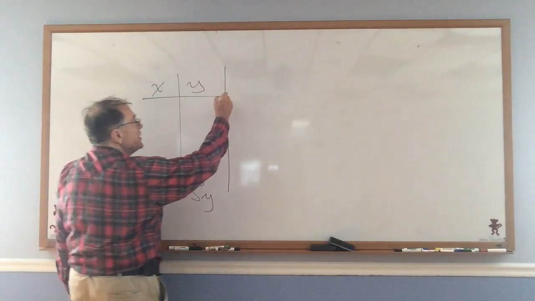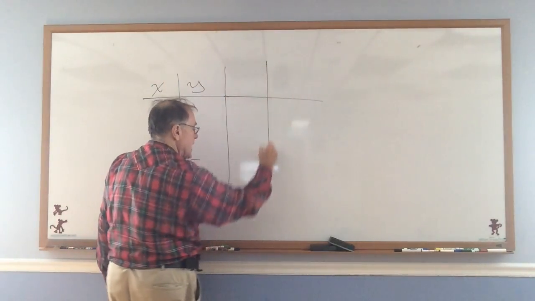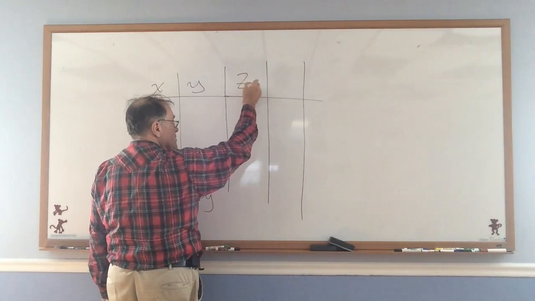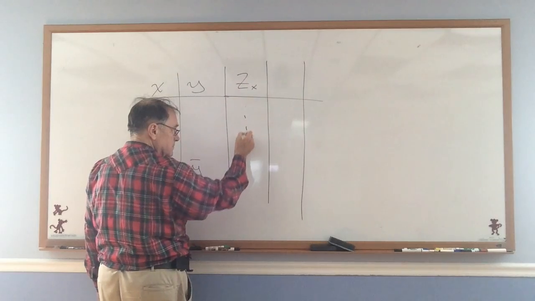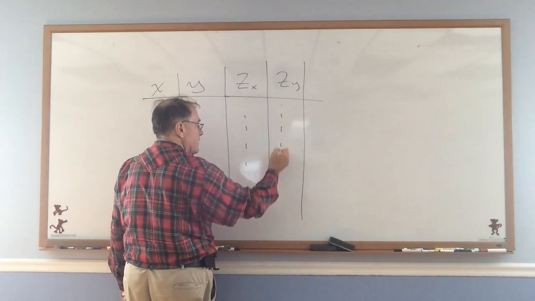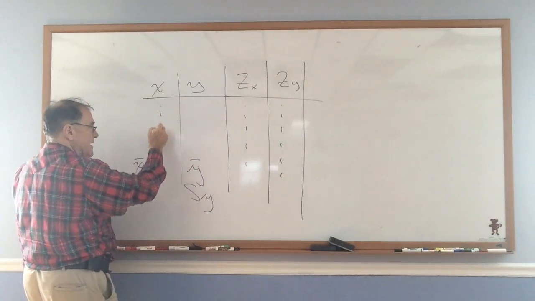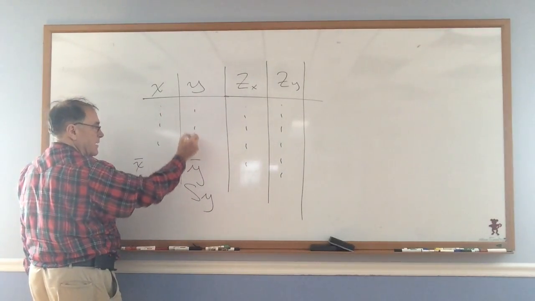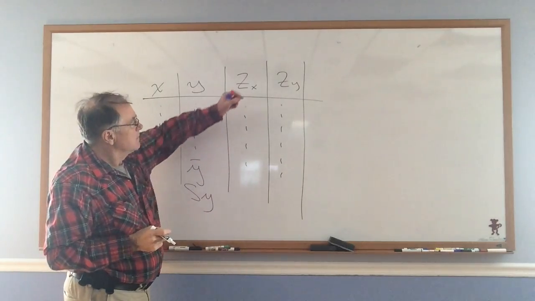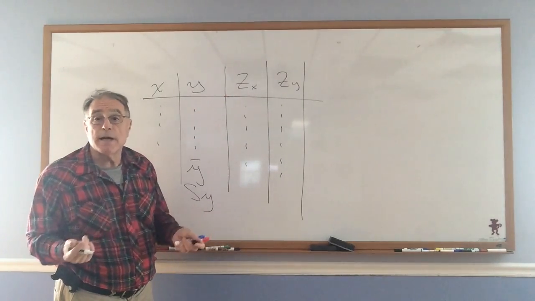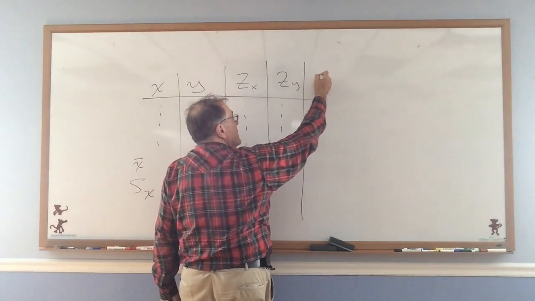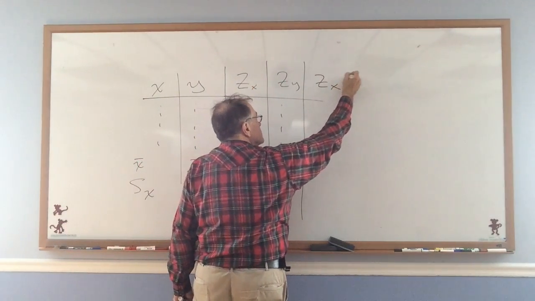Then what I'm going to do is create two columns, and I will find the z-scores for each X value and the z-scores for each Y value. So I've got my X values and my Y values, and I find the z-scores for each X and the z-scores for each Y. Then I'm going to multiply these z-scores.